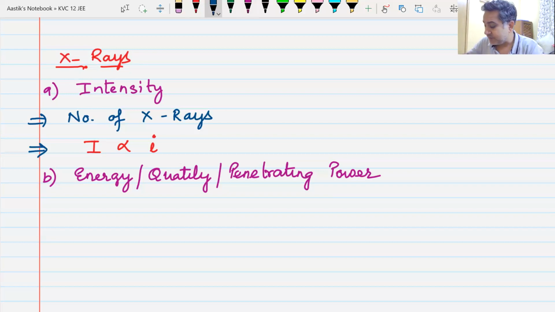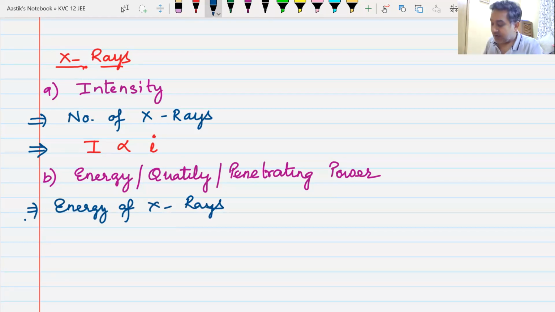So this actually refers to the energy of X-rays. And who controls this energy? Voltage source. Potential difference V. The energy of X-rays is controlled by the voltage difference V. The voltage source controls it.